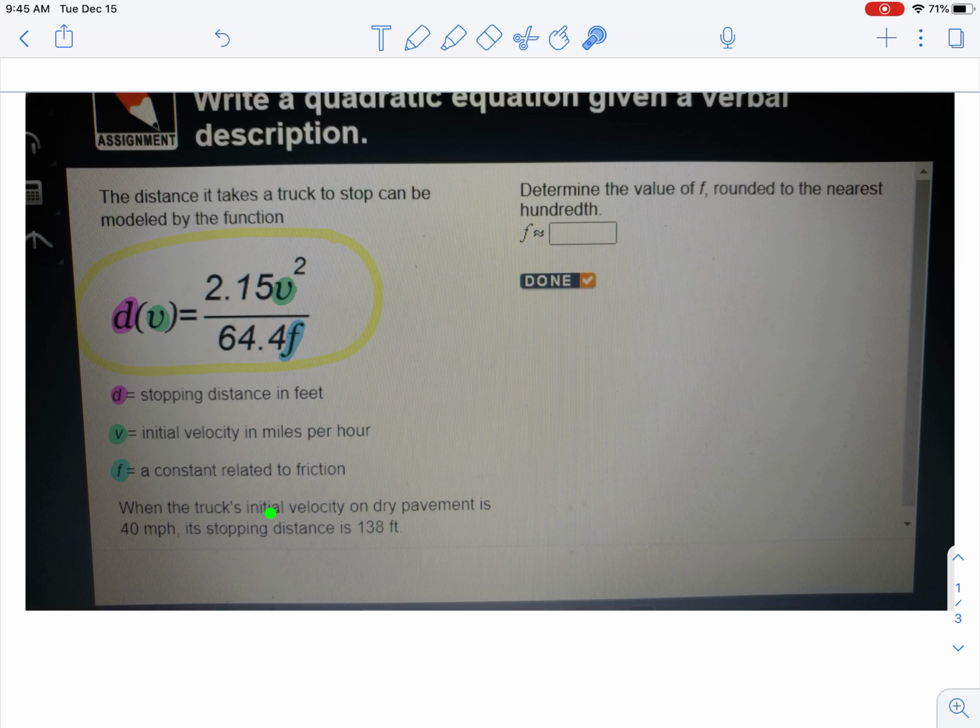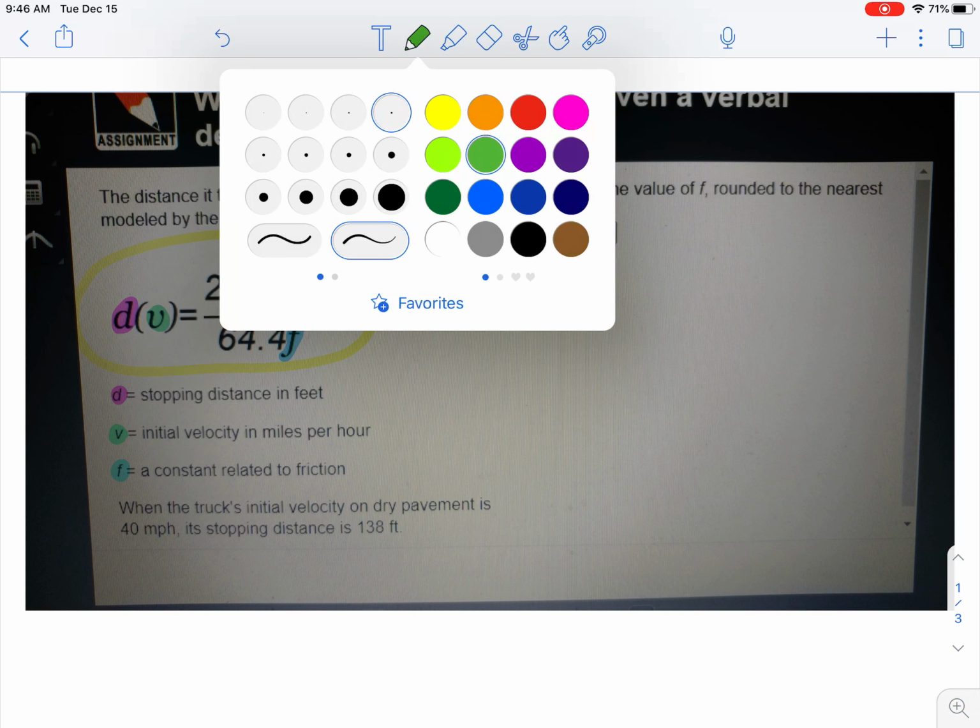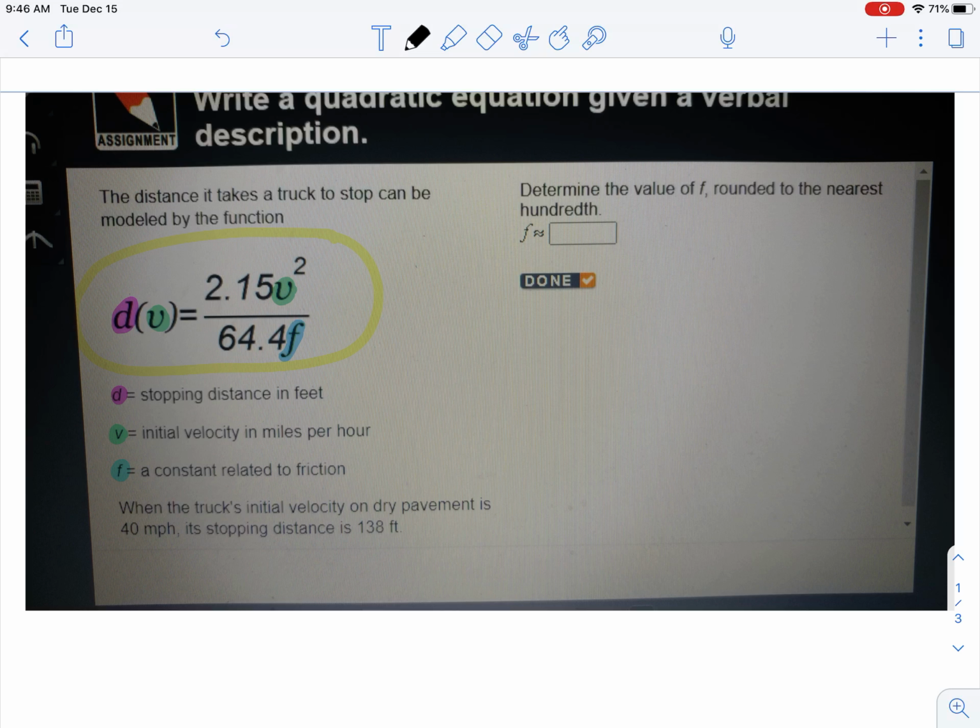So when the truck's initial velocity on dry pavement is 40 miles per hour, so let's look here. Which one talks about initial velocity? And you notice that it's v. So right here I can say this 40 miles per hour is the initial velocity. So right here, I'm going to write 40. Then our other information is its stopping distance is 138 feet.